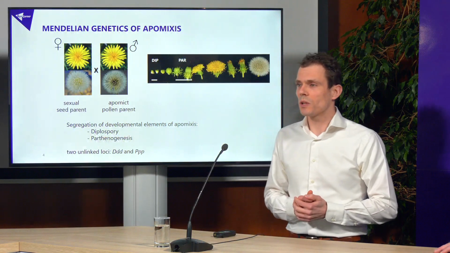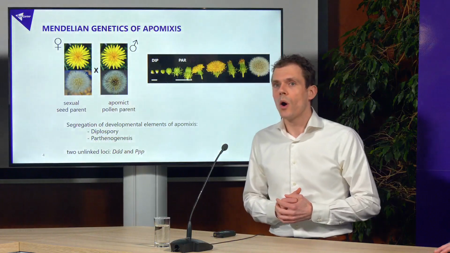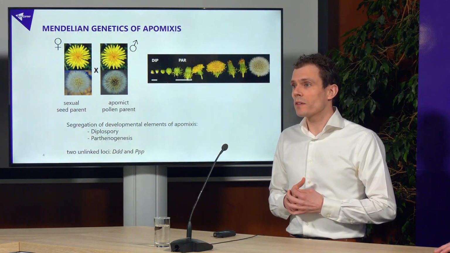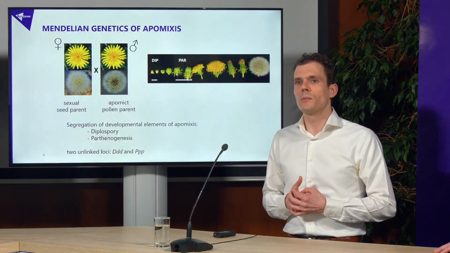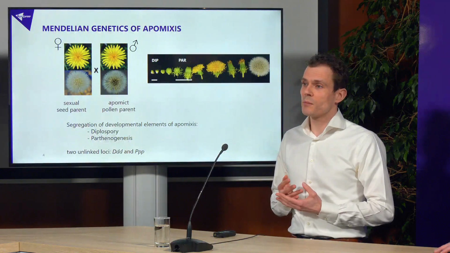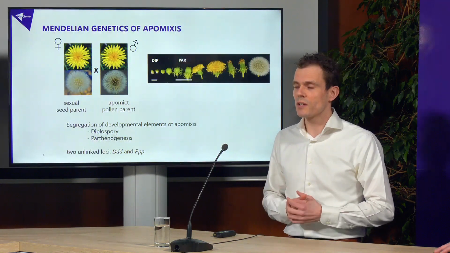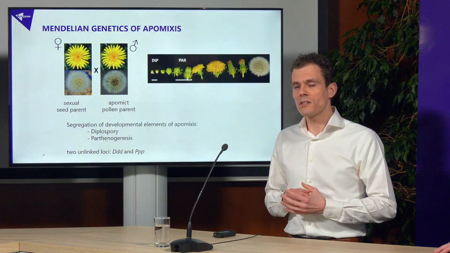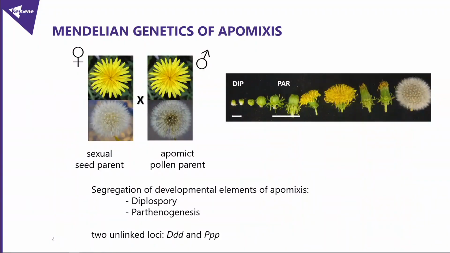Having then sexual and apomictic material of the common dandelion, another advantage comes into play, because the apomictic mechanism in dandelions is really restricted to the female meiosis, which means that the pollen formation, so the male meiosis, is normal.